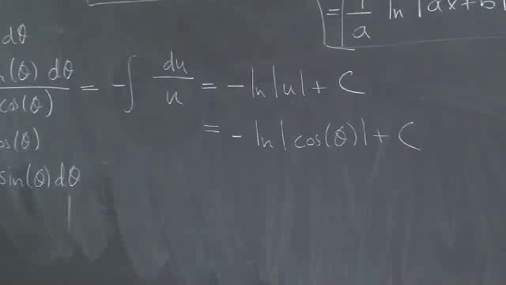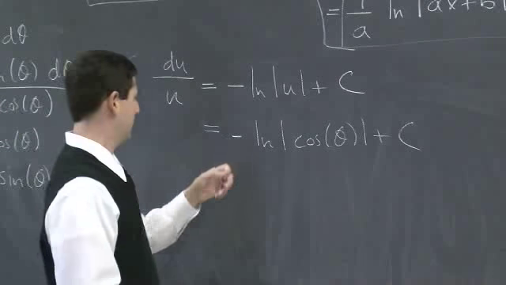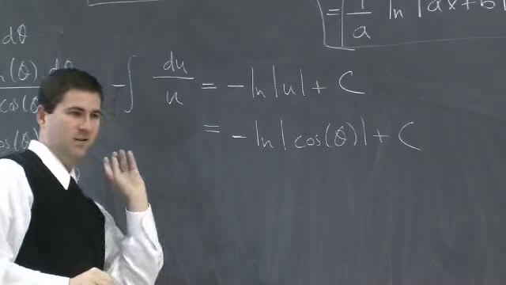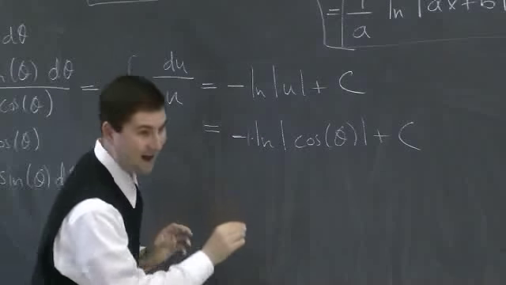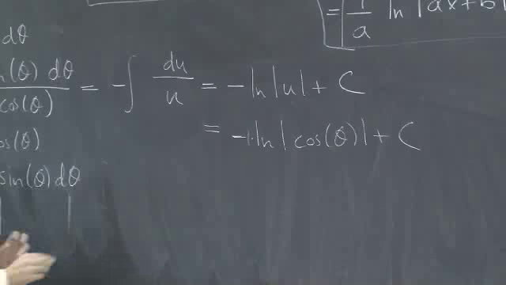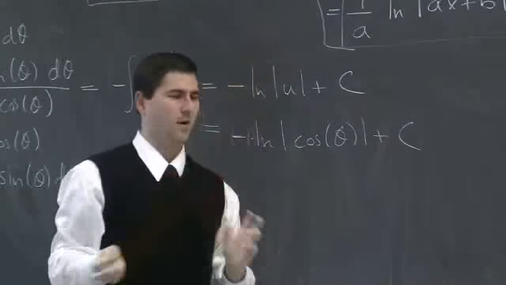Well, that's not bad. But notice I have a minus in front. That's kind of annoying. What can I do with that minus? Think of it as a minus 1 times a logarithm. I can bring it up. Now, why would I want to do that?